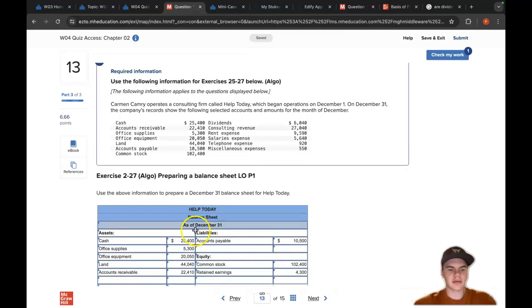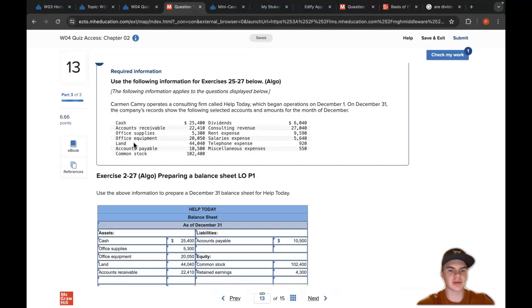So for the first section, we'll pick assets. And so let's look up here and see what our assets are. Right now our assets are cash, accounts receivable, office supplies, office equipment, and our land. The office supplies are considered assets until they're used, right?